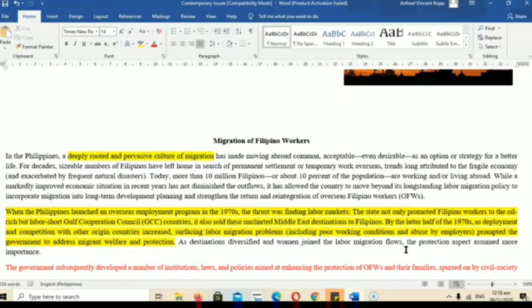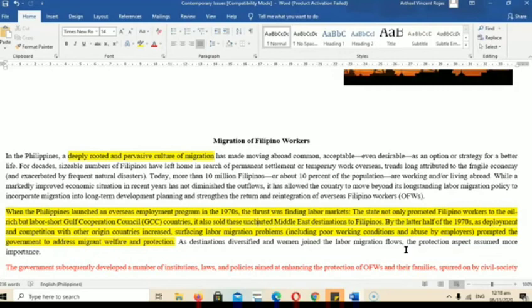And we have two types of migration. So migration is not just about movement of people from a country to another country. When we say a movement of people from country to country, this is called international migration.